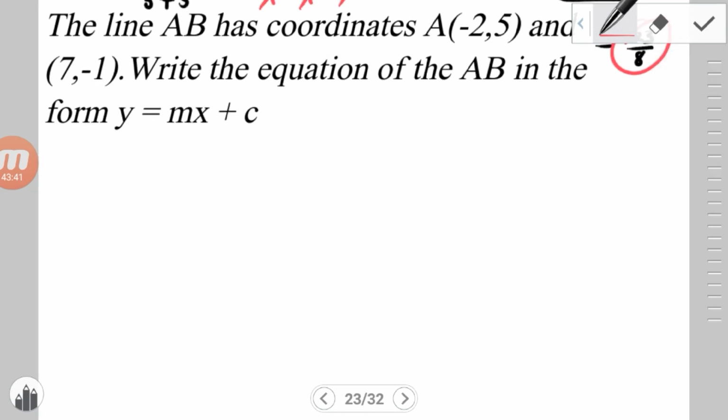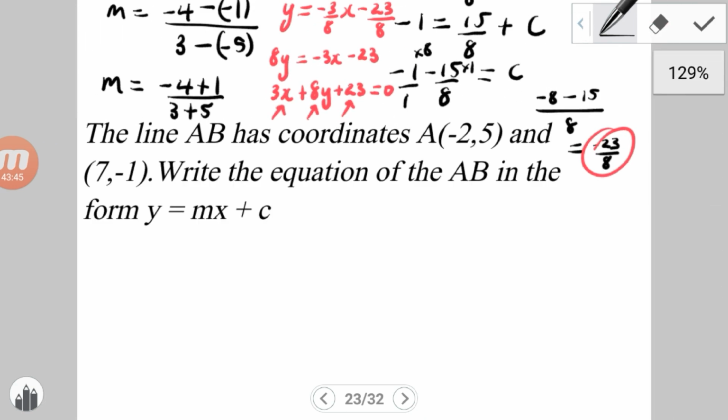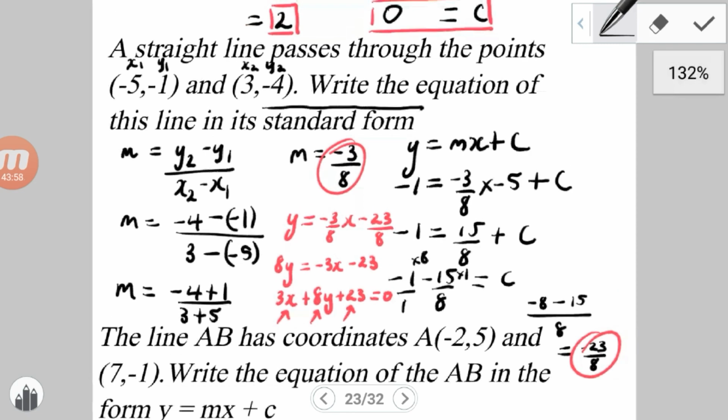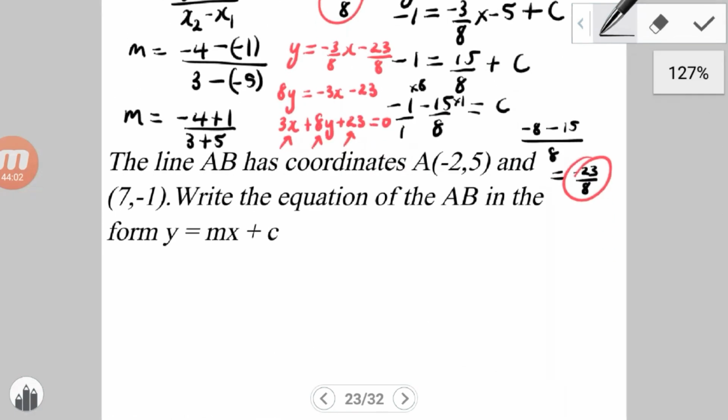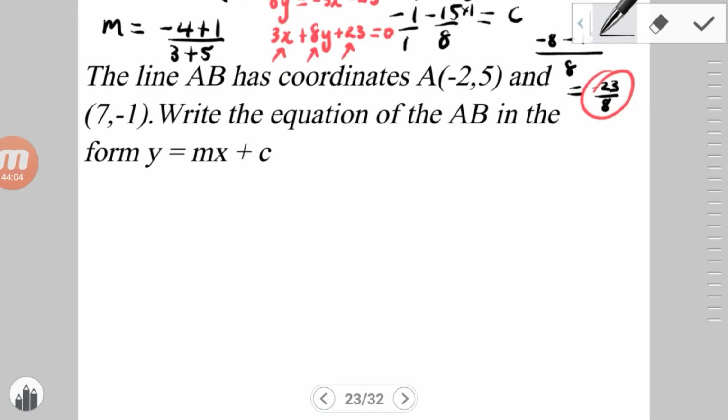So the line AB has coordinate values minus 2, 5 and 7, negative 1. We have to write the equation of AB in the form y equals mx plus c. So occasionally, as you can see here, they may ask you for the equation of a line without giving the line a name. Here, we've given the line a name, AB.